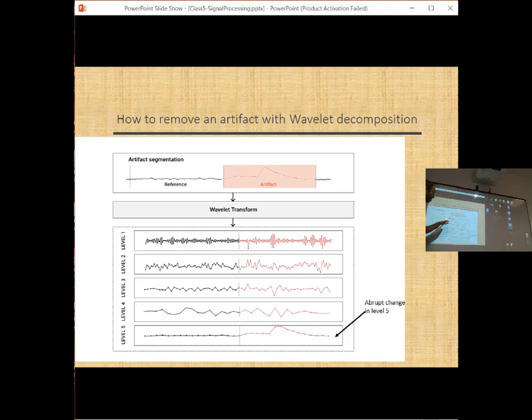Then you can use your wavelet coefficients at different levels. It's like filtering: you filter at a very high frequency and then go lower and lower. And you would like to compare this with the reference, because the reference is your proper signal. Everything that deviates from this, you would like to subtract.